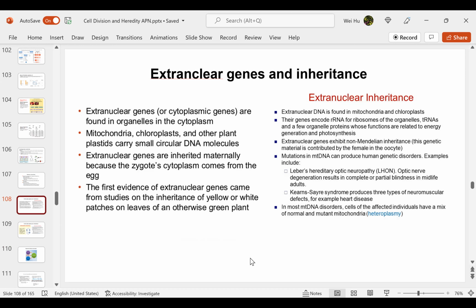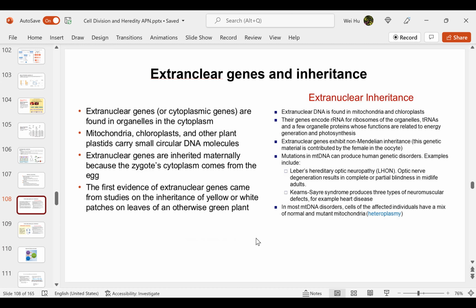So let's use mitochondria, okay? In mitochondria, you have circular DNA, remember? Just exactly like bacterial DNA. And so this can be abnormal. So then in humans, if you have this problem, then you could end up with disease. So this is eye disease.